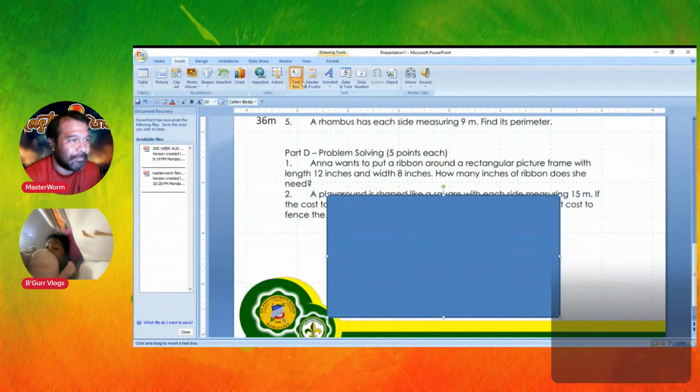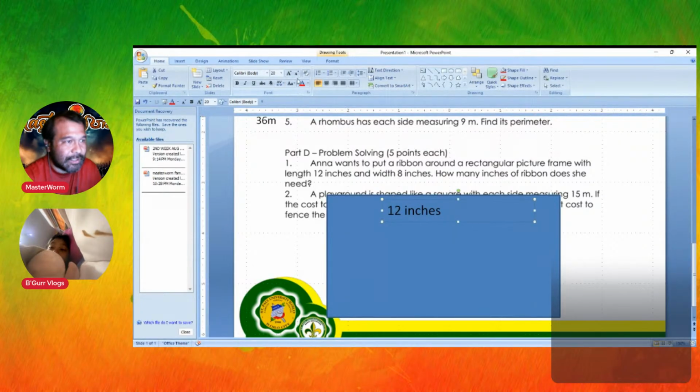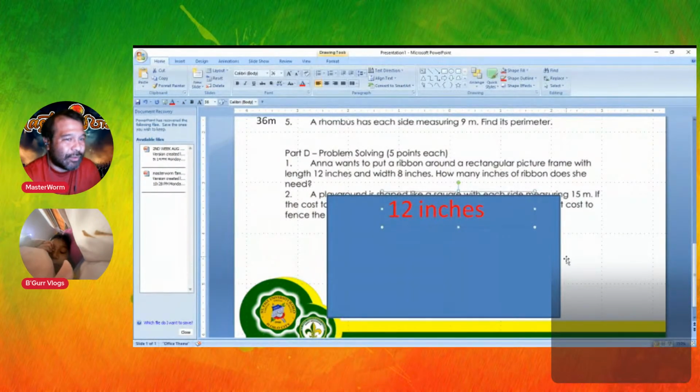The length is 12 inches, from left to right. And it also says that the width, which is from up to down, is 8 inches.